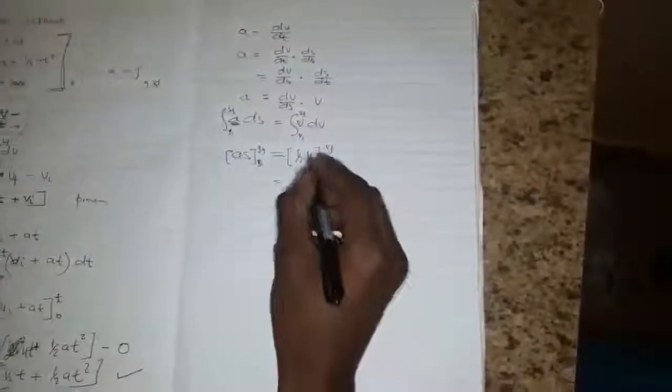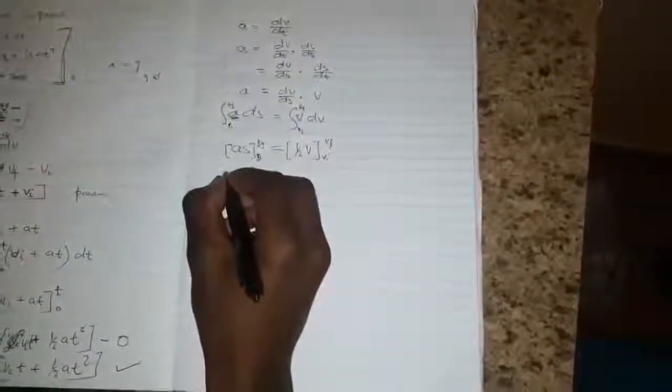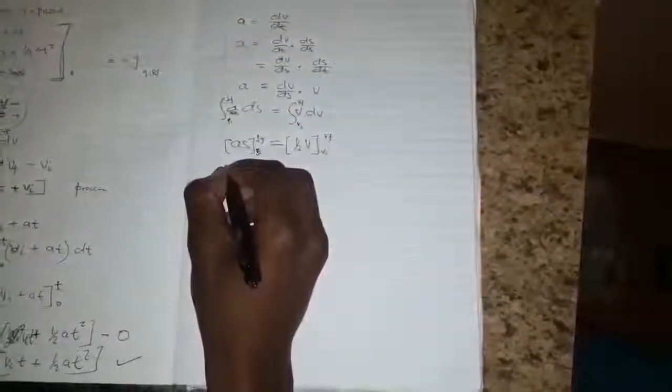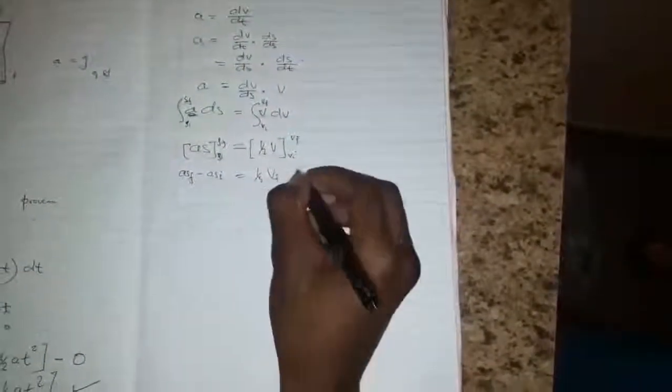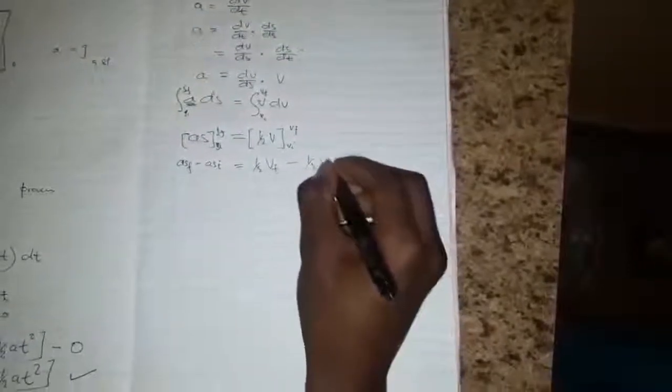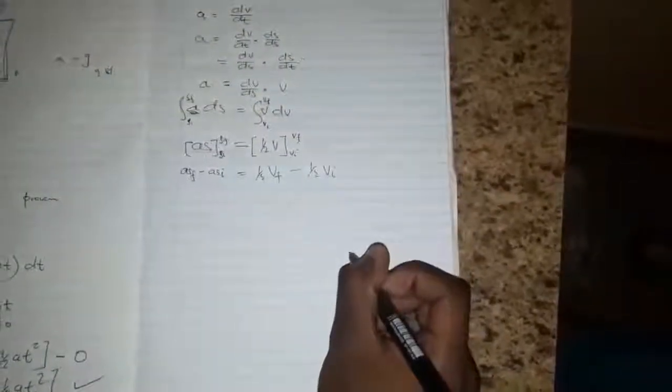Then when you substitute, you're going to have a s final minus a s initial, and half final velocity minus half initial velocity.